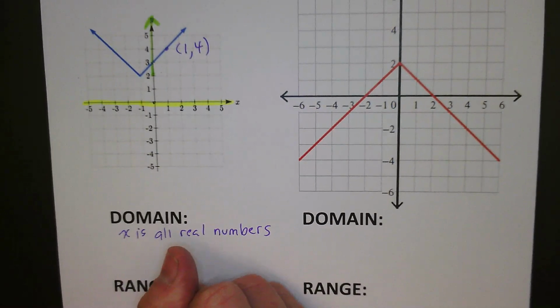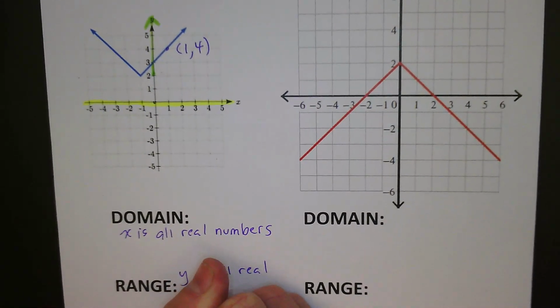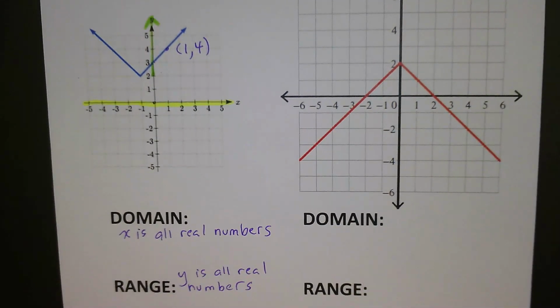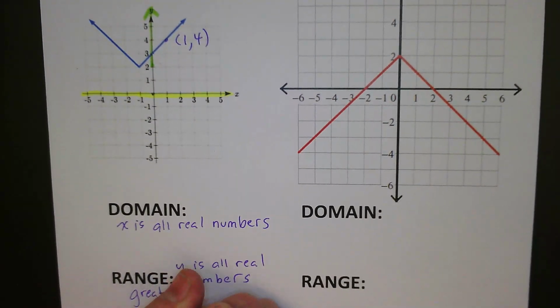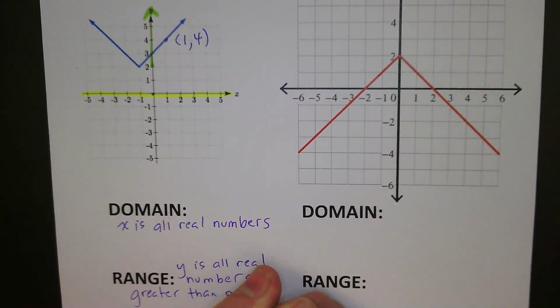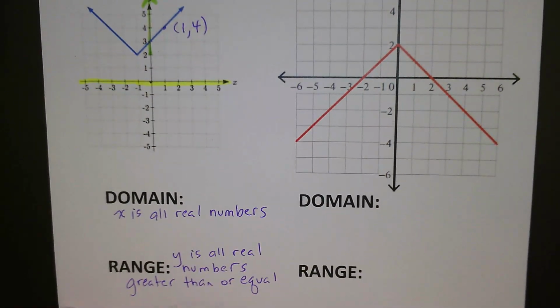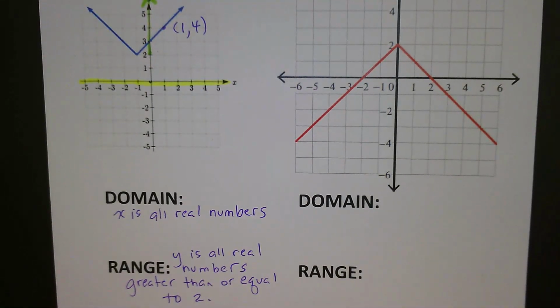So my range is that y is all real numbers, but now we have to be greater than or equal to 2. It's going to stay at 2 and above on the y-axis.